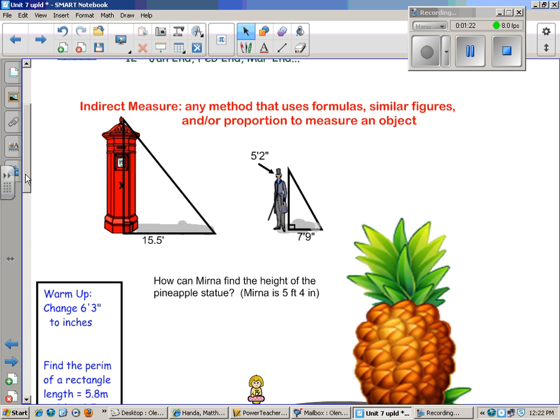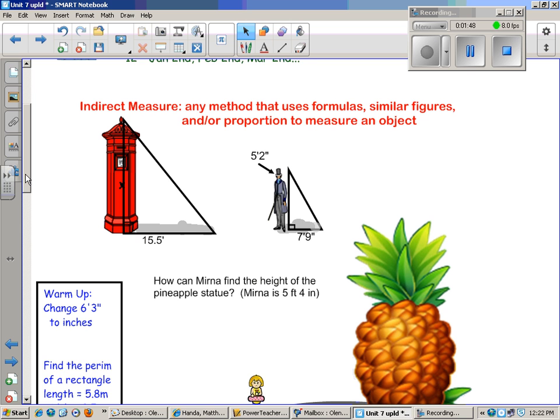Indirect measurement means finding the height or the length of something without actually measuring it with a yardstick or a ruler. So finding the length through an indirect method. Direct means just walking from here to there. Indirect would mean walking around and getting back there.